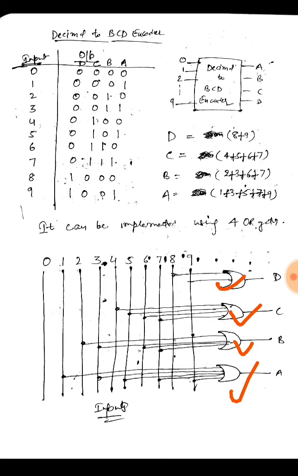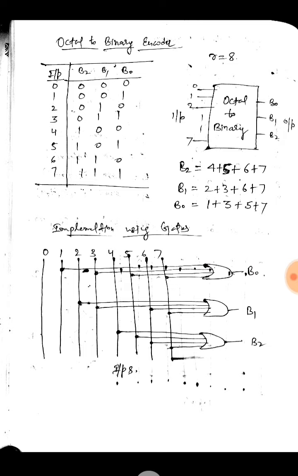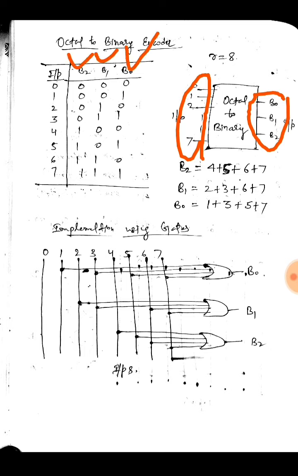So this is how we can implement this decimal to BCD encoder. Okay. So next is the octal to binary encoder. In this octal system we would be having 7 digits and 3 outputs. Similarly we can find out the function for B2, B1 and B0. B2 would be 4 plus 5 plus 6 plus 7.